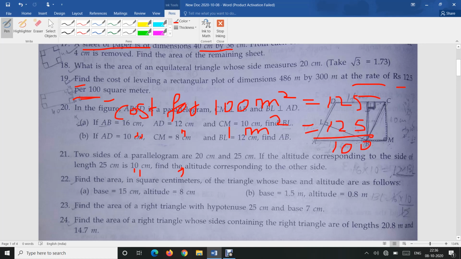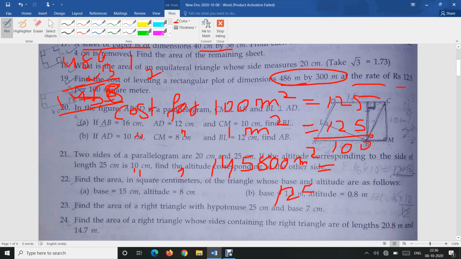Then the cost will be multiplied by 486 multiplied by 3. It will be 145800 meter square, which will be equal to 125 multiplied by 145800 upon 100.